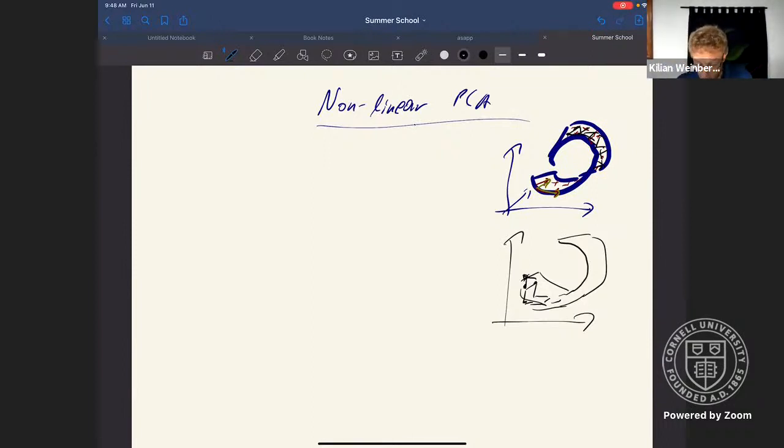Let me tell you a few algorithms that came out of this. The first algorithm, I think, was Isomap, from Josh Tenenbaum, now at MIT. His idea was the following. We build this nearest neighbor graph, and then we measure the distance between any 2 points as the graph distance along this graph, the shortest path. You compute Dijkstra's algorithm, which gives you the shortest path.